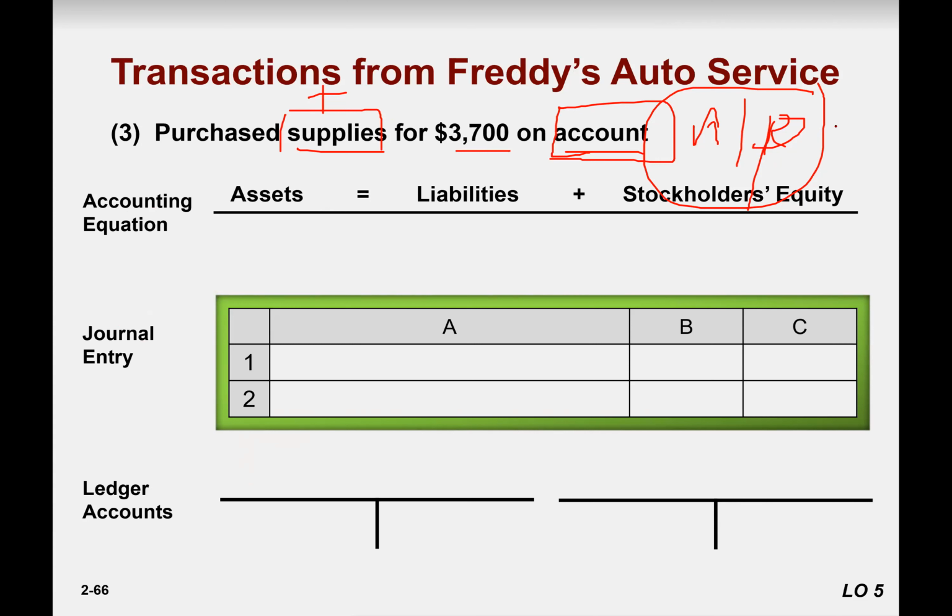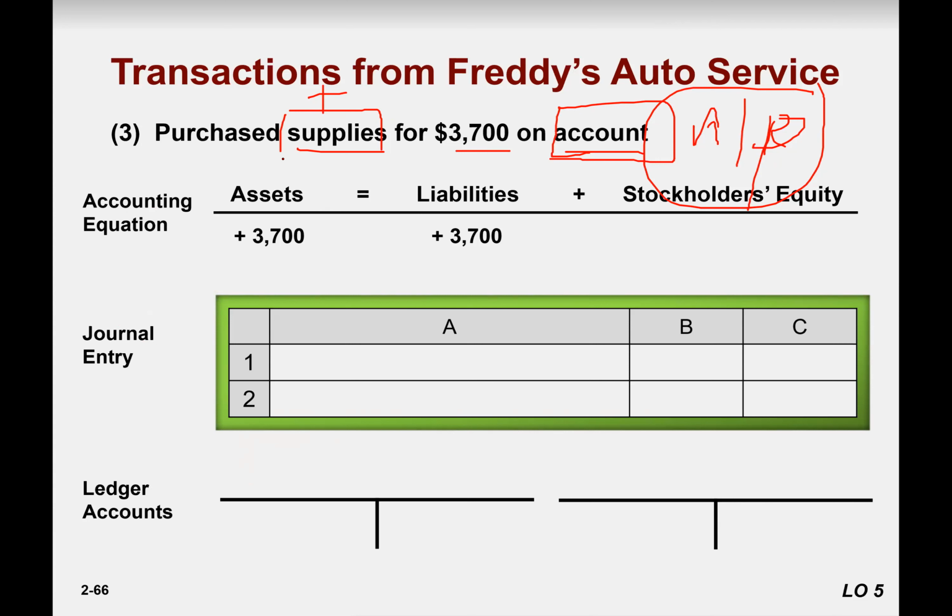Accounts payable? You didn't pay them cash, so the liability increased, right? You purchase on account, on credit, so it means increase. If you post it in the accounting equation, it looks like this.